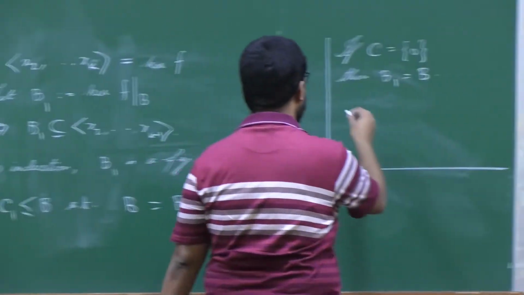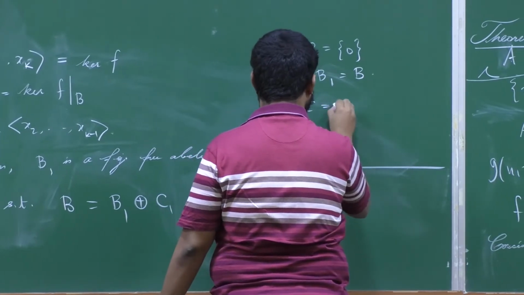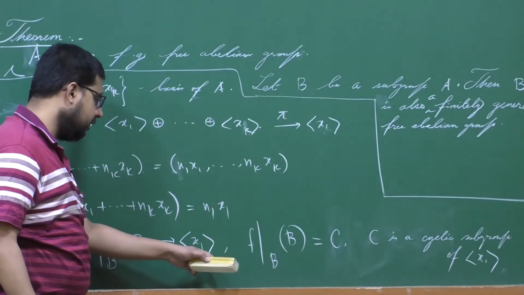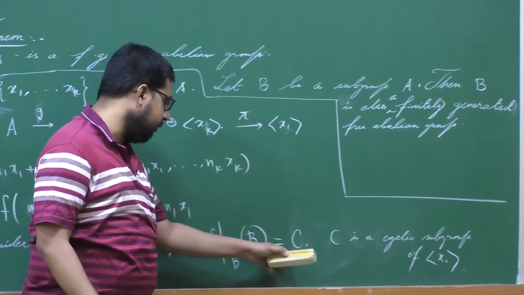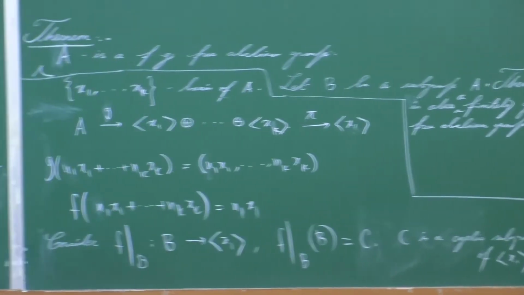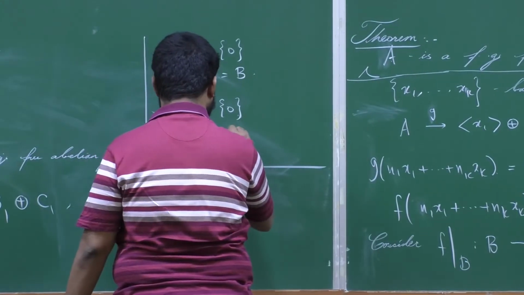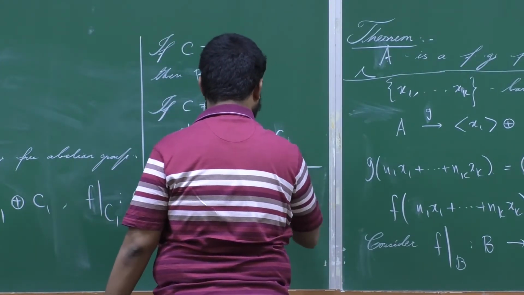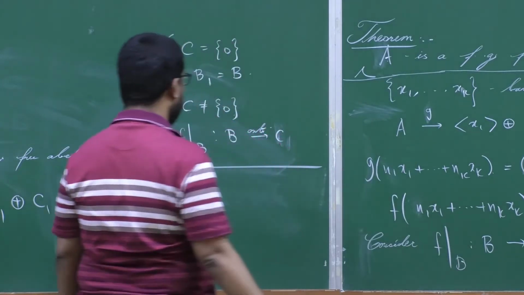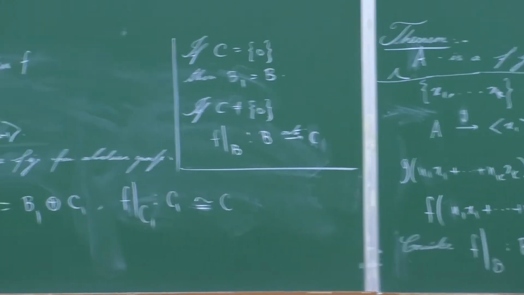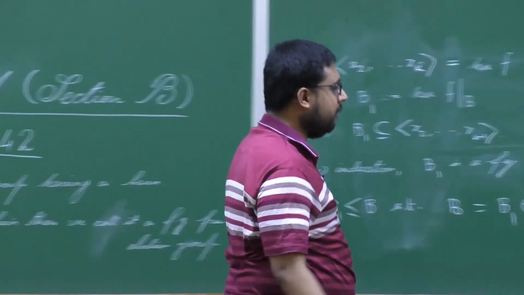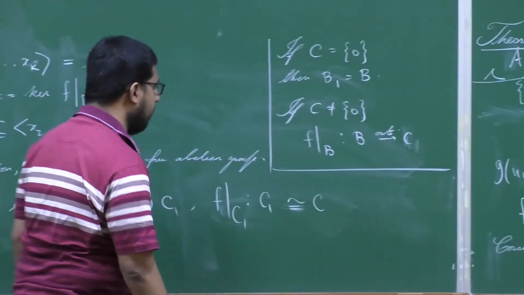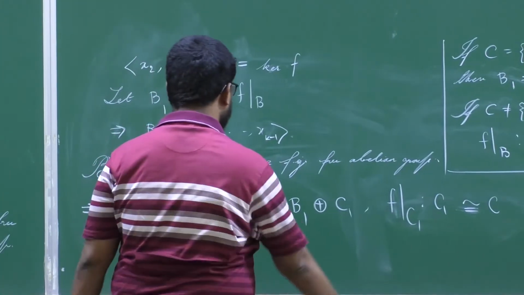Now if C is non-trivial, then F restricted to B is a surjective homomorphism from B onto a free abelian group, because any infinite cyclic group is a free abelian group. Hence by the previous proposition we obtain a C1 such that this happens.